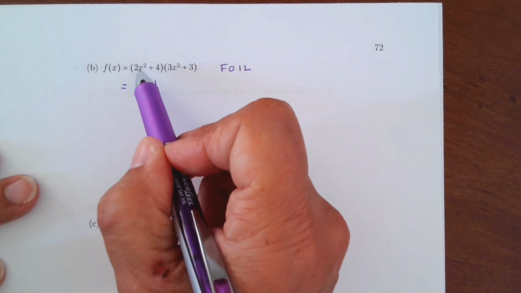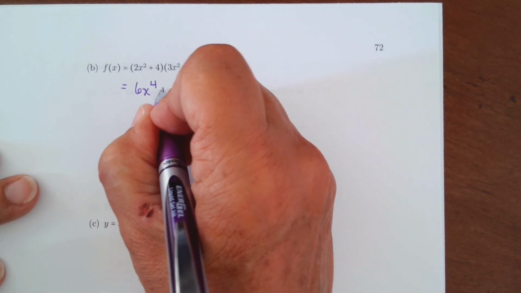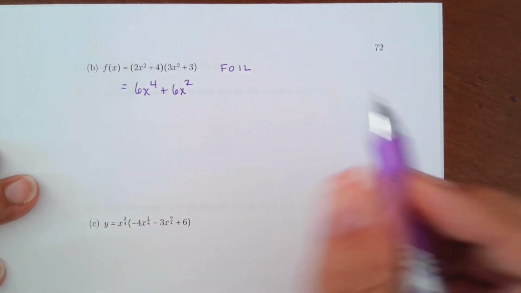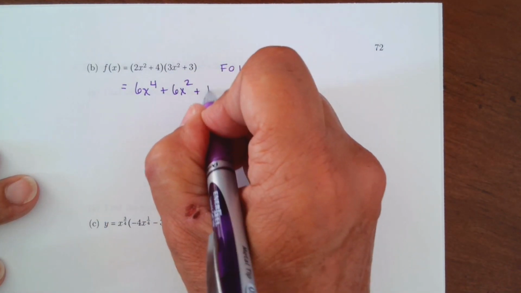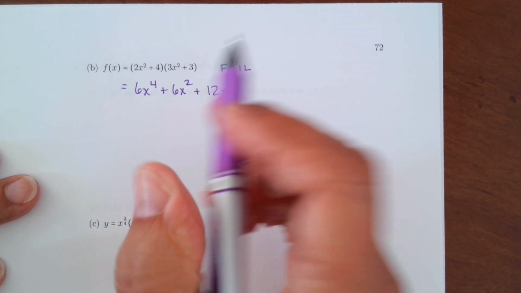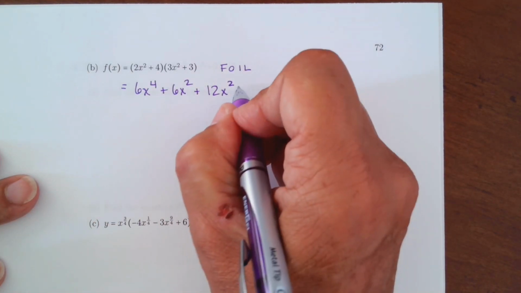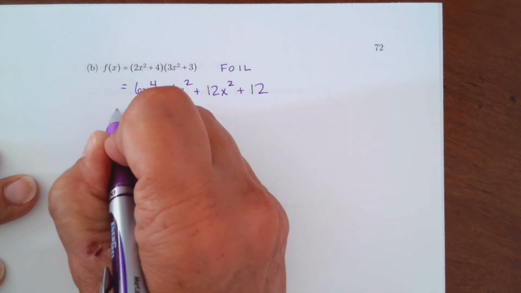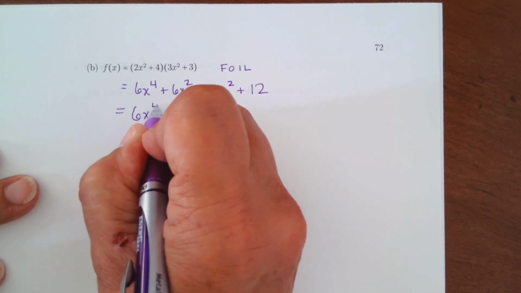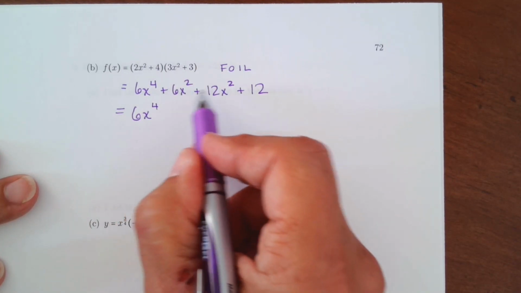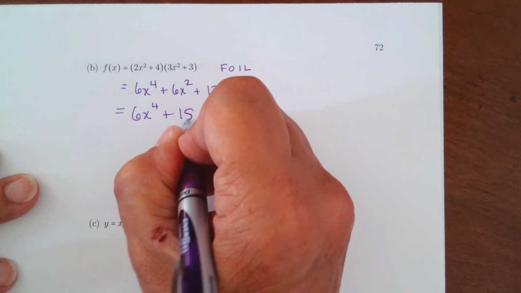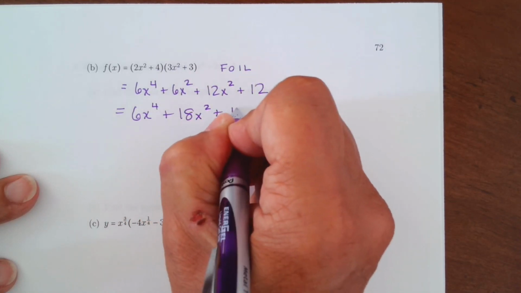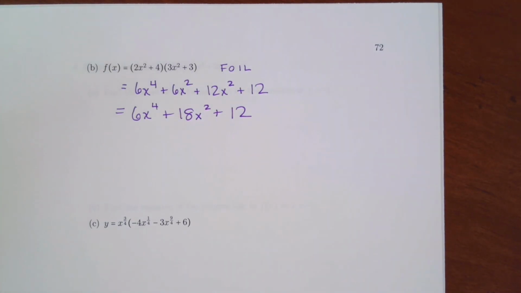On the outer sides, we have 2x squared times 3, which is 6x squared. On the inside, we have 4 times 3x squared, that's 12x squared. And then lastly, 4 times 3 is 12. And we can continue to simplify this because these two middle terms can be added together. So 6x squared plus 12x squared is 18x squared plus 12. So there's our simplified polynomial.